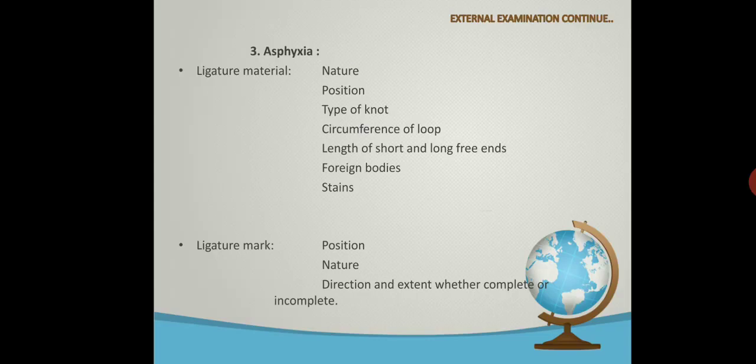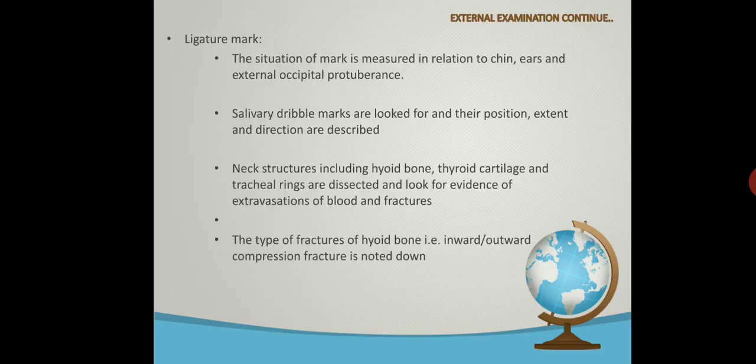The position, nature, direction, extent, and whether it is a complete or incomplete ligature mark. Then where the ligature mark is situated in relation to the chin, ear, and external occipital protuberance. Then you have to mention the salivary dribbling, which may be present in a particular position, extent, or direction.